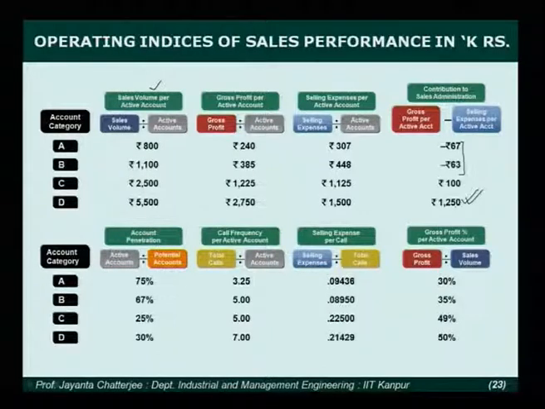The interesting thing here is that this pure number crunching could tell us to forget about these small customers A and B and focus totally on C and D. Purely going by this column, one can say that would be a good rational decision, but in many cases it will not be the right decision.